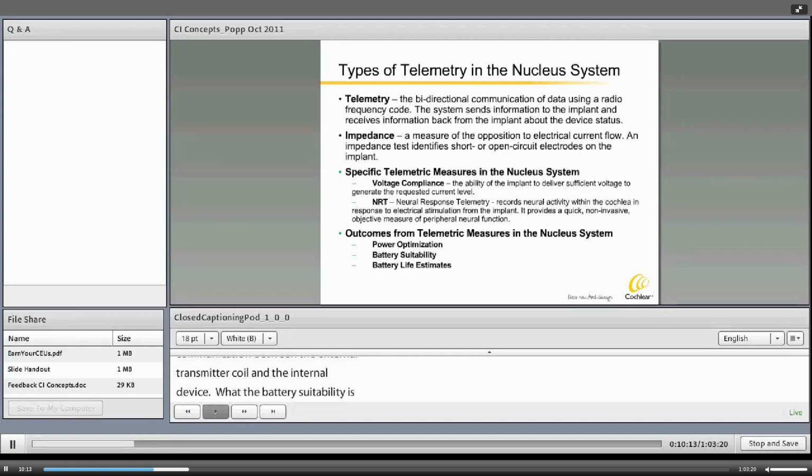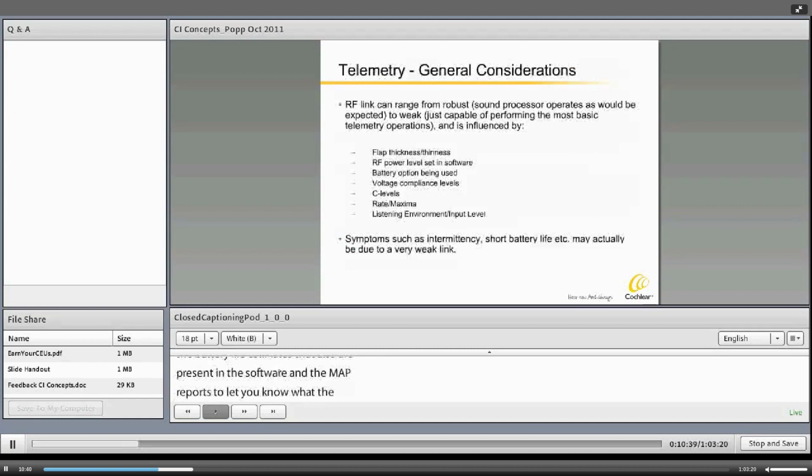So are they able to use the smaller rechargeable batteries versus the larger rechargeable batteries, or using alkaline batteries versus rechargeables, as well as calculating those battery life estimates that also are present in the software and the map reports to let you know what the estimates are of minimum battery life for each of the maps.